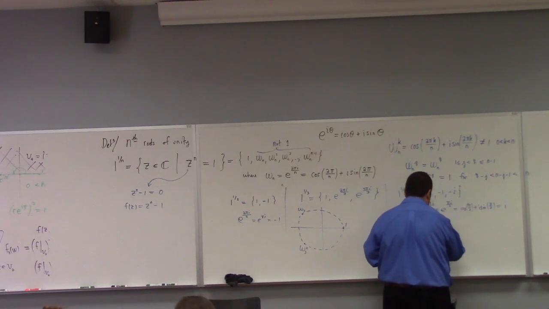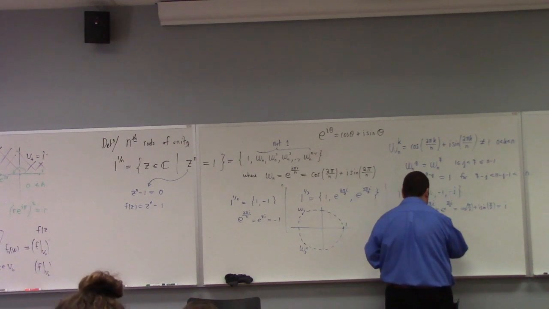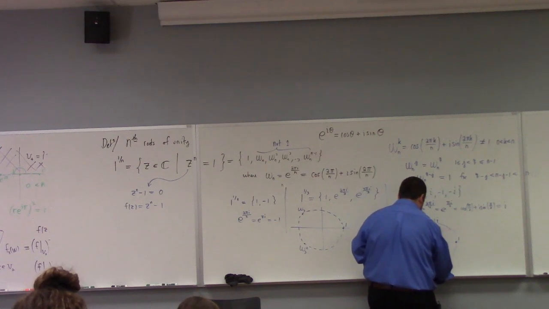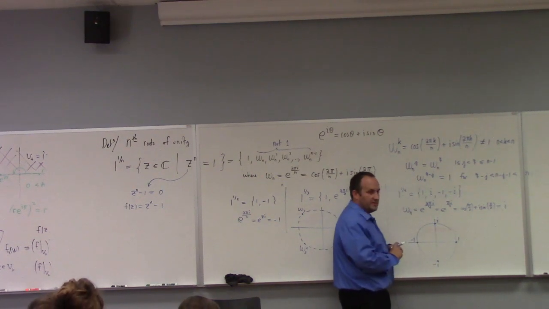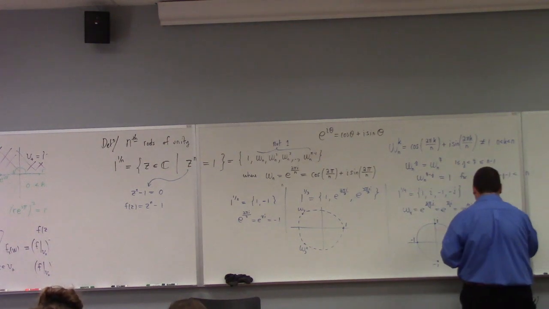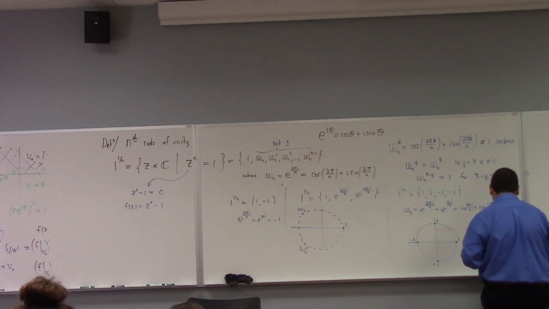So I'll just ask you one question, and I'll stop drawing these things. You can kind of see where I'm going. You know what the fifth roots of unity are going to look like, right? What's the picture for the fifth roots of unity? I mean, 1 is in there, right? 1 is always a root of unity, so that's always anchoring this kind of picture.